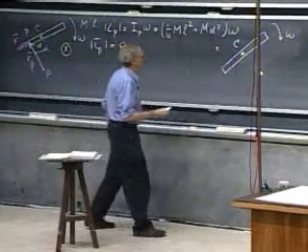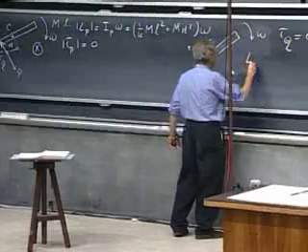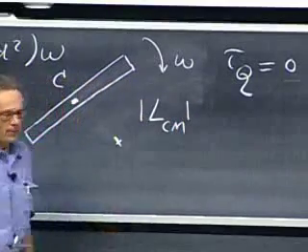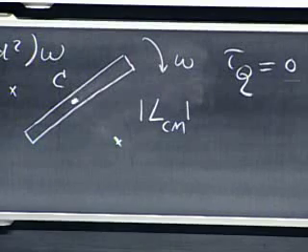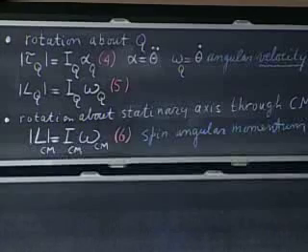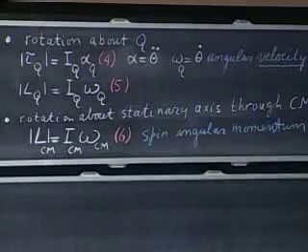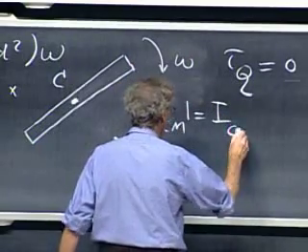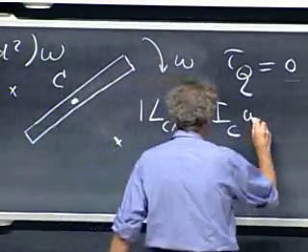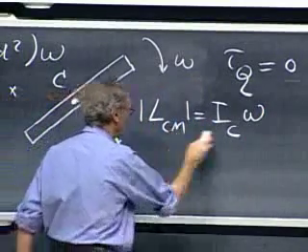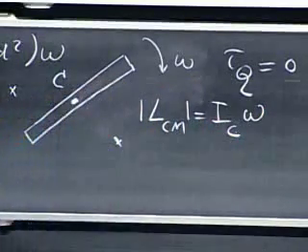And if you want to know how large it is, well, the magnitude of the angular momentum I calculated about C, which is the center of mass, is simply equation number 6, the moment of inertia about that point C, which is the center of mass, times omega about the center of mass. So C, M, center of mass, and C are the same point.